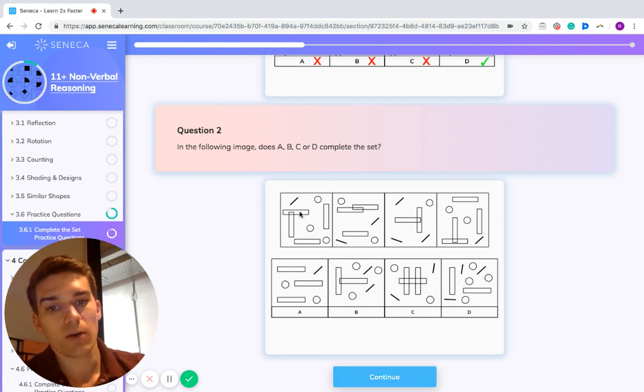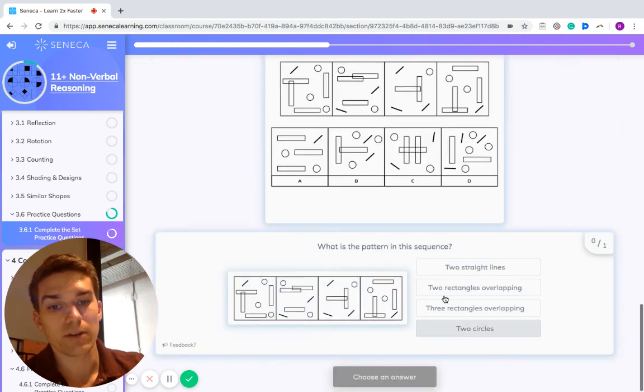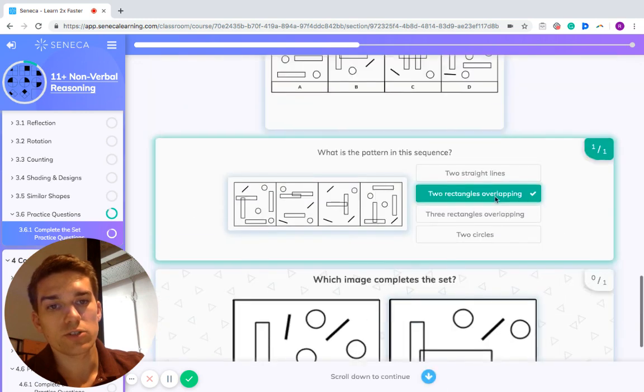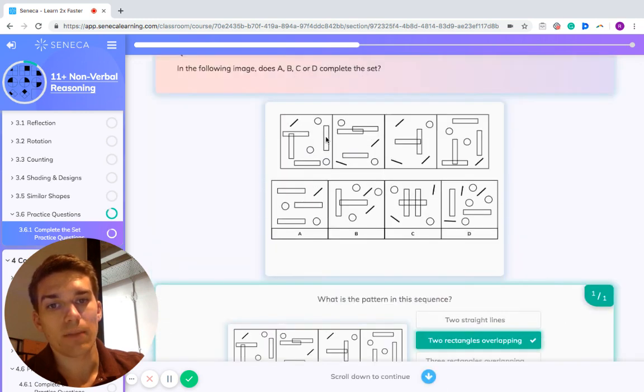I need to think about what else it could be that is making this rule happen. So maybe let's look at some other part, okay? So the two rectangles overlap in every single one. That's another rule, okay?